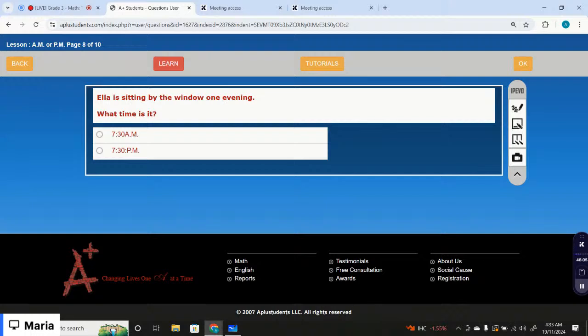The correct option is, one evening, that is 7:30 p.m. Option number 2 is the correct option.